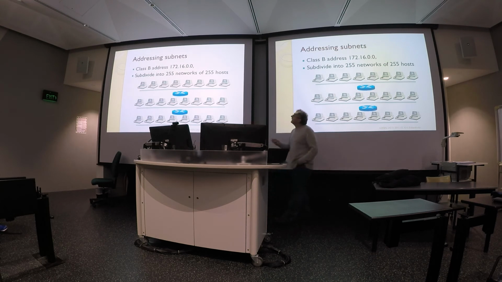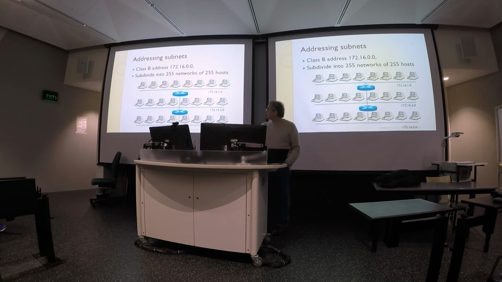So if we've got a Class B address, it would be very nice within our medium-sized company to divide this, say, into 255 networks of 255 hosts. So you see this is aligning quite nicely with that dotted decimal form. And so what we do is we have one collection of 255 hosts, another one, we stick routers in between, and then we join it up with a piece of router wire, and we use some extra bits to determine which network we're talking to.